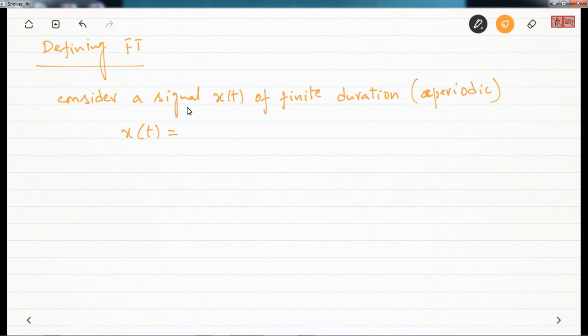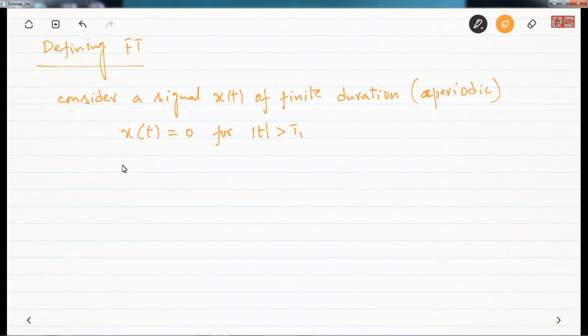So any periodic signal extends infinitely in time from minus infinity to plus infinity, whereas an aperiodic signal will have finite duration in time. So we are saying x of t is equal to 0 for mod t greater than t1.